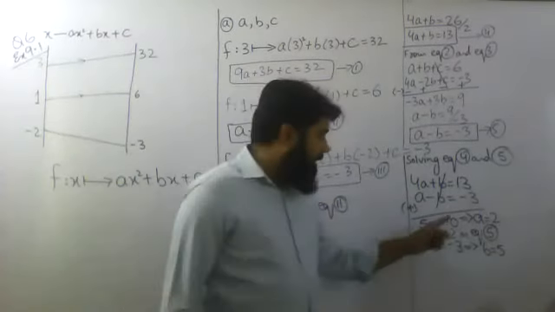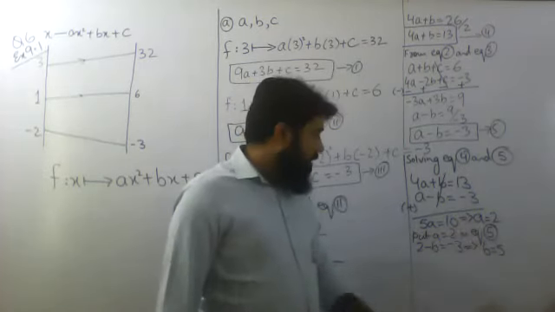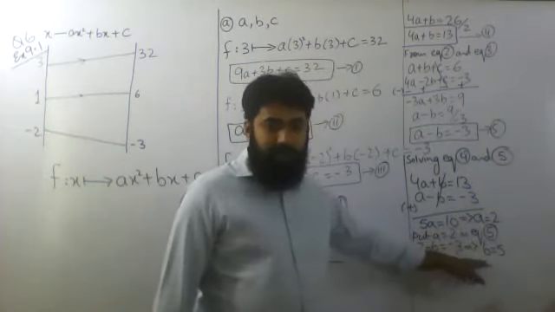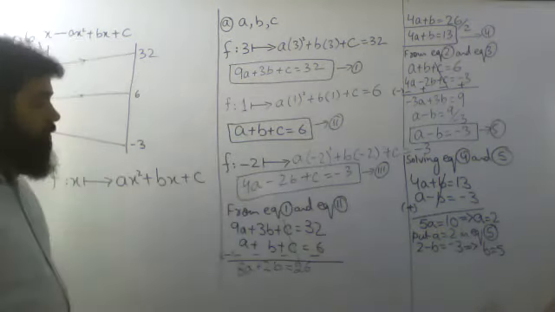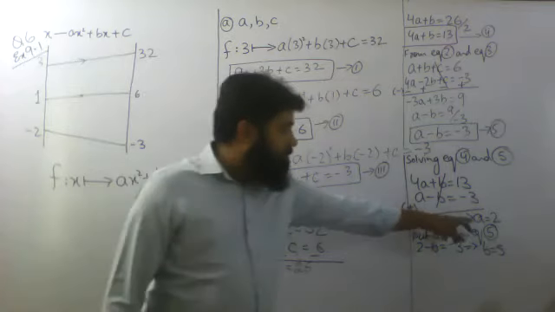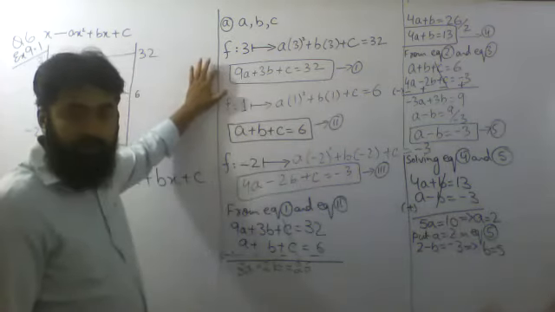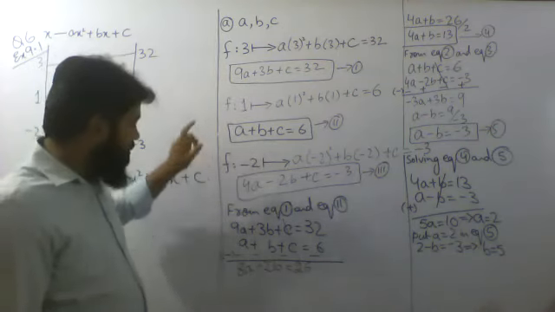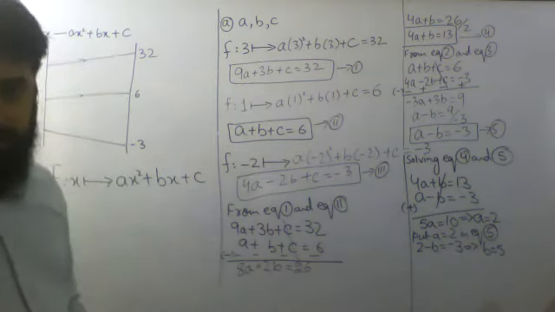I have got the value of A, that is coming 2. I have got the value of B, that is coming 5. Now I have to put these values of A and B in equation 1 or equation 2 or equation 3 to get the final answer.